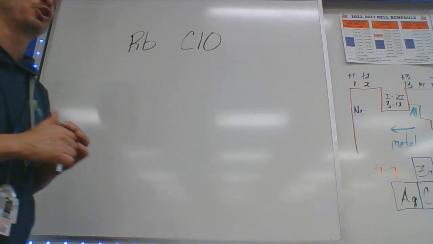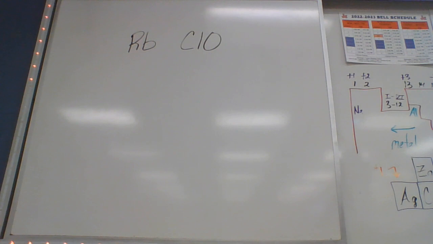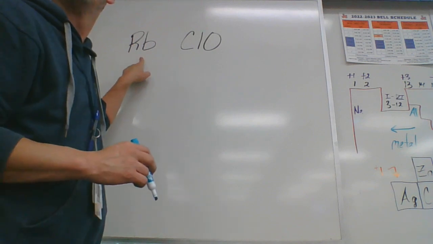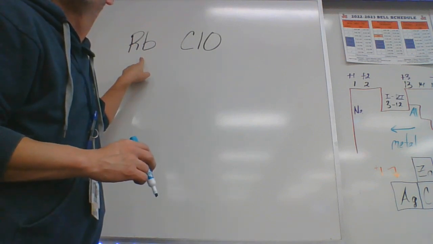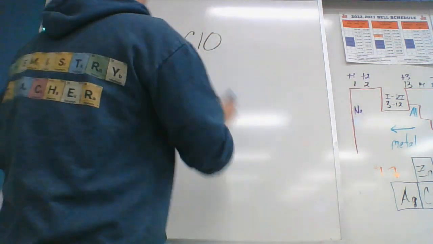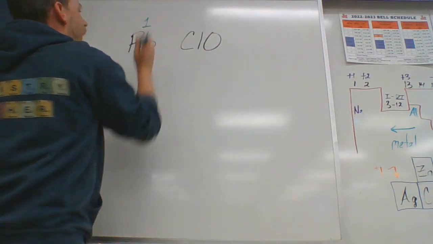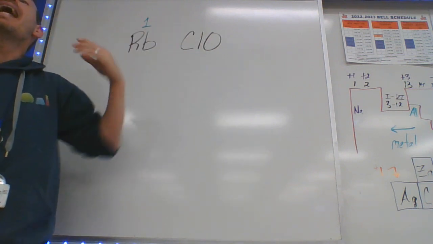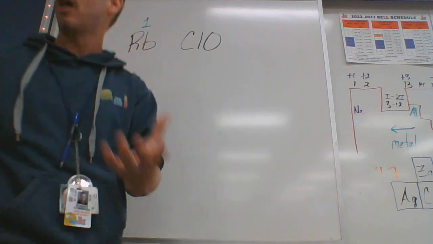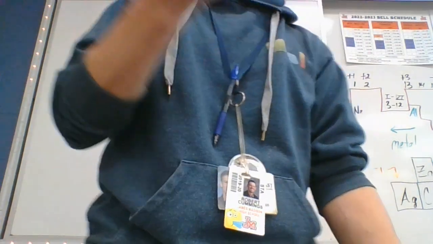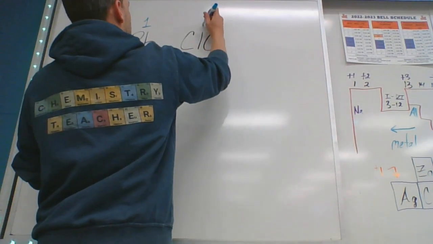So let's find the charges. Hey, 5-2, what is the charge of this rubidium? Rubidium is in group 1, so it's +1. Anybody in the room, what is the charge of hypochlorite? -1, because the polyatomic list says so. There's just a negative symbol floating with no number, and lack of a number is a 1.